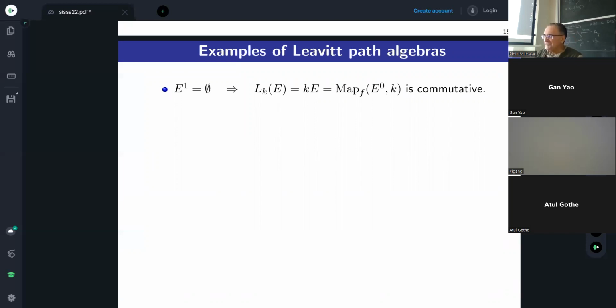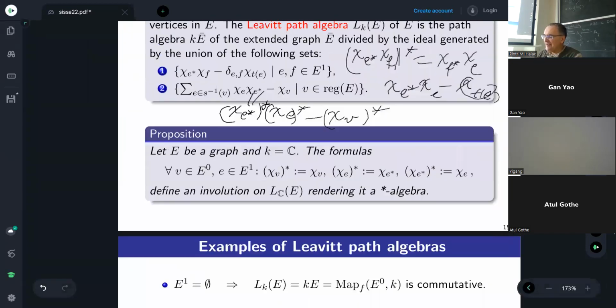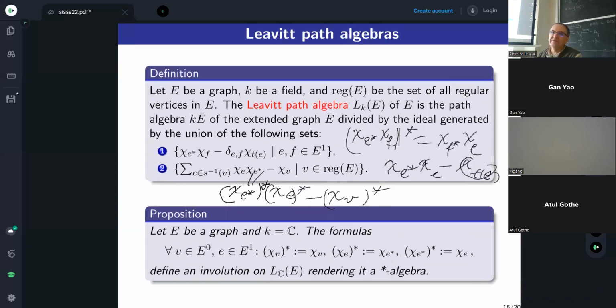When there are no edges, all right, then the Leavitt path algebra is nothing but the path algebra, right? Because these relations are vacuous. I mean, all these relations involve edges. So there are no edges. These relations do not exist. These sets are empty. Of course, when I have no edges, no vertex is regular, right?